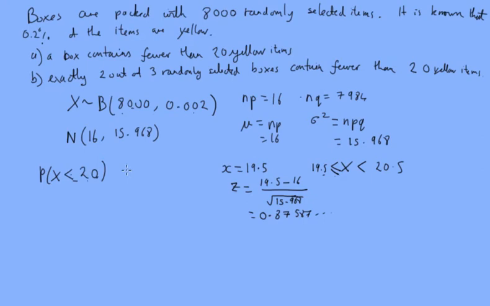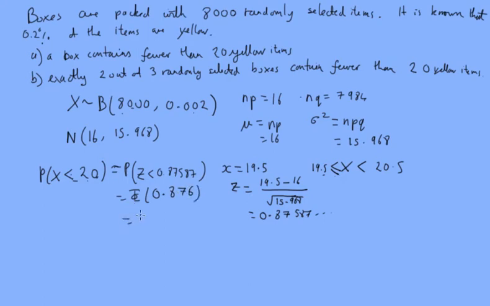So now this is going to be approximated to the probability of z less than 0.87587, which is the phi function of 0.876.